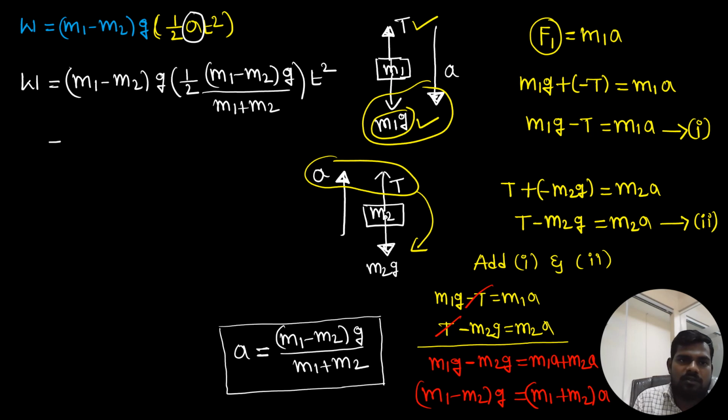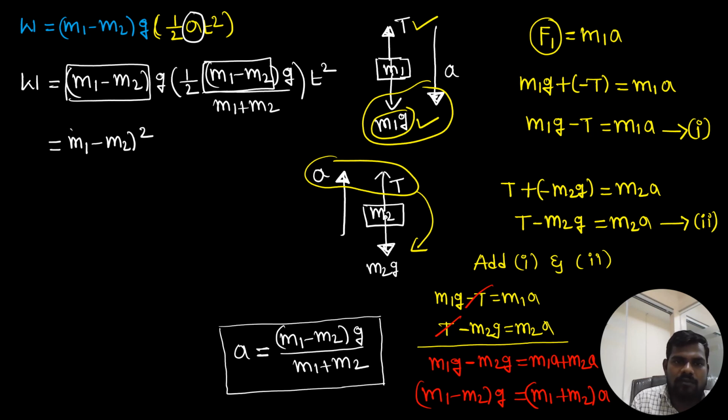That is equal to, we can see here, this is m1 minus m2 and this is also m1 minus m2, so m1 minus m2 whole square. This is g and here also g is there, so g square.